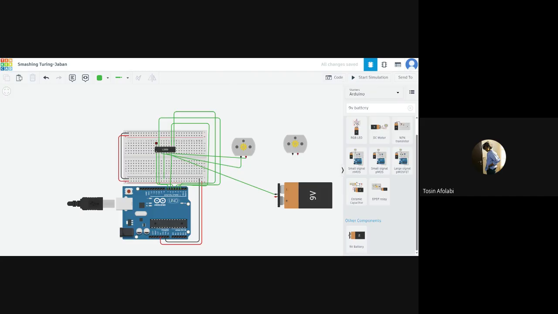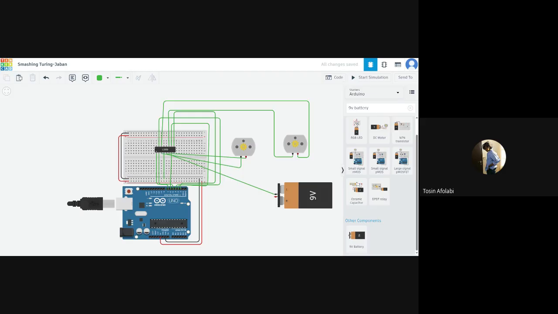Okay, output 4 connects to, yes. Sorry about the confusing wire configuration.